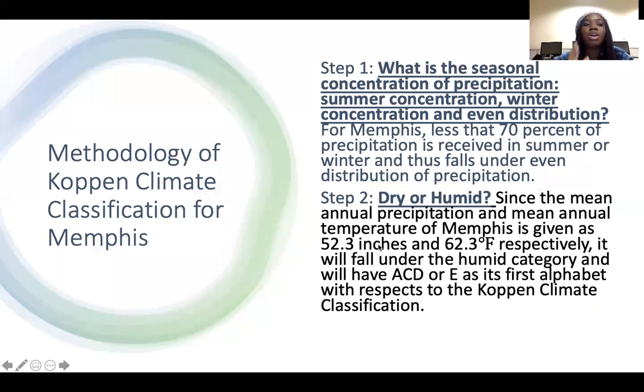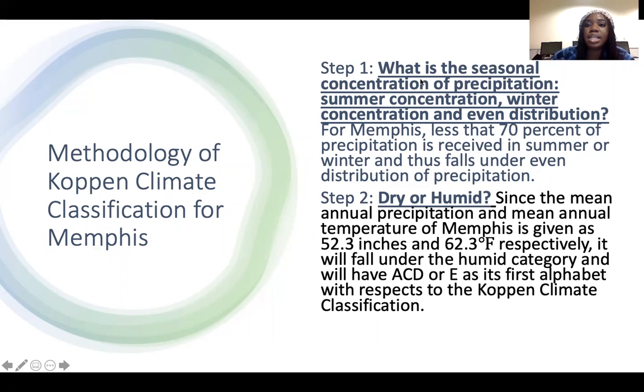So, using the Köppen climate classification for Memphis, there are steps that I had to follow to arrive at the classification. This is step one.